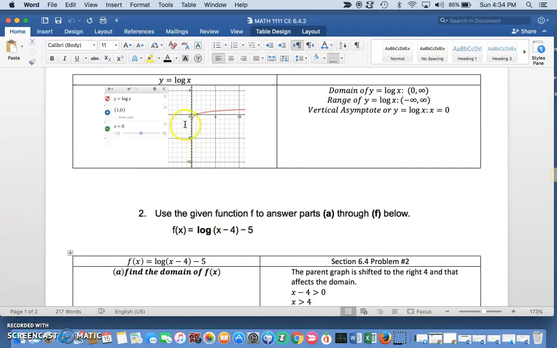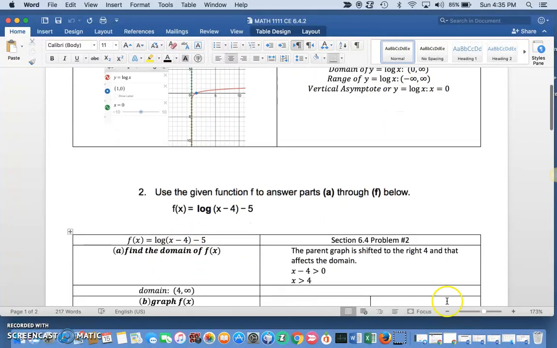Well, if you go to the right 4, that changes the domain. Whatever is inside right here, x minus 4, has to be greater than 0. Whatever you're finding the logarithm of has to be greater than 0. So x has to be greater than 4. So your domain ends up being 4 to infinity.